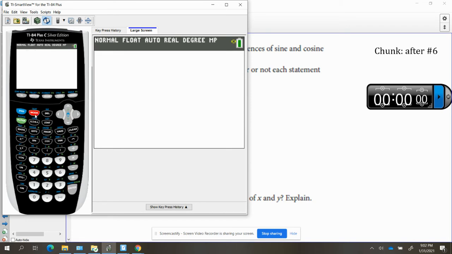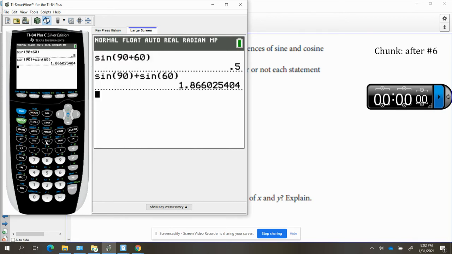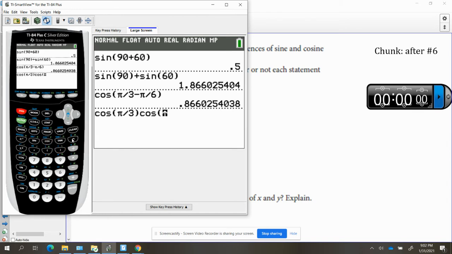If we were looking at radians values, if you look at cosine of pi over 3 minus pi over 6, and we compared that again to cosine of pi over 3 minus cosine of pi over 6, we see that these values are not the same.